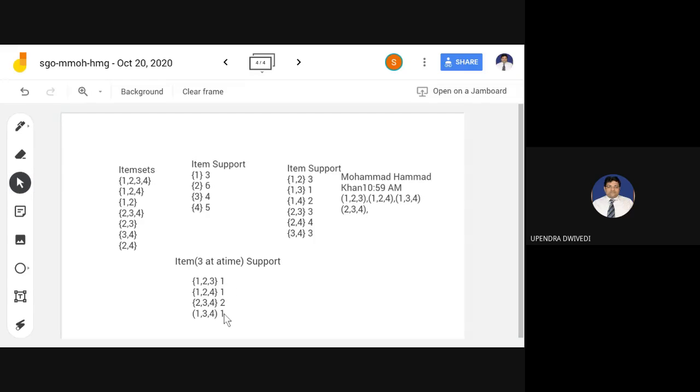But earlier you can see that in our problem we have assumed support threshold equal to 3. So what is it representing?